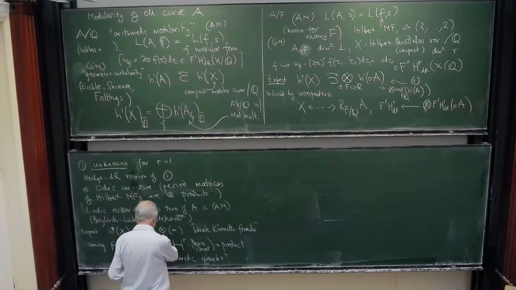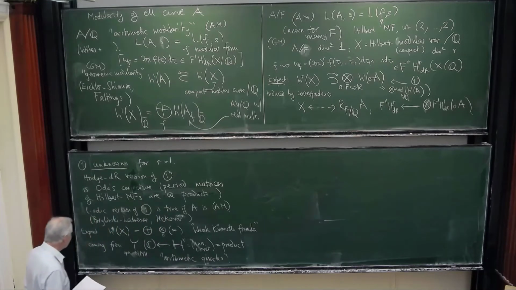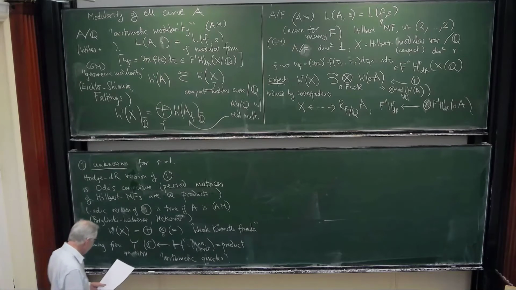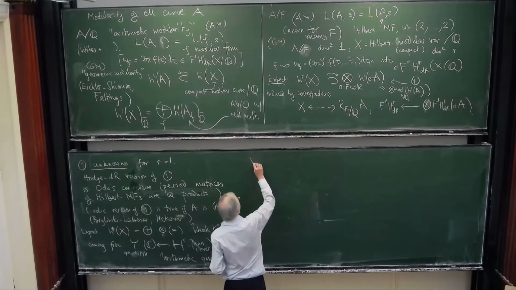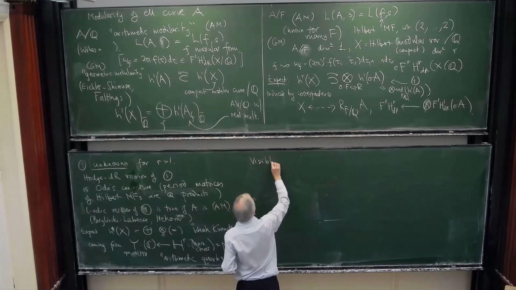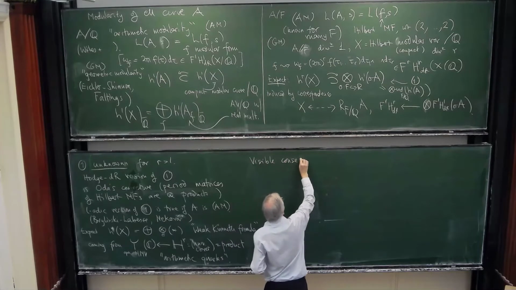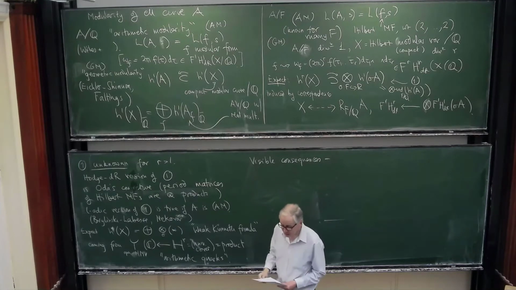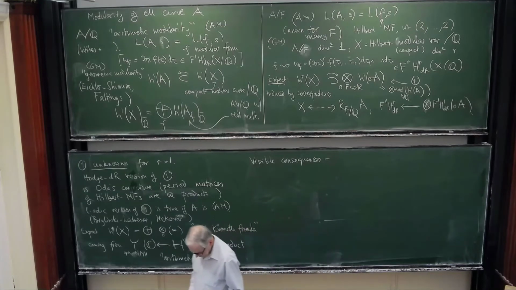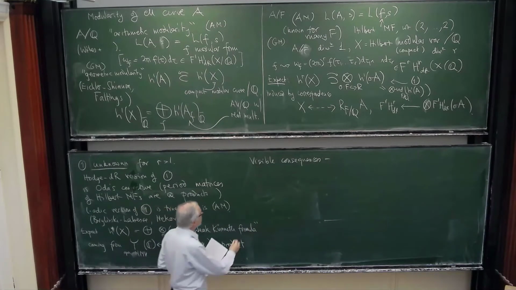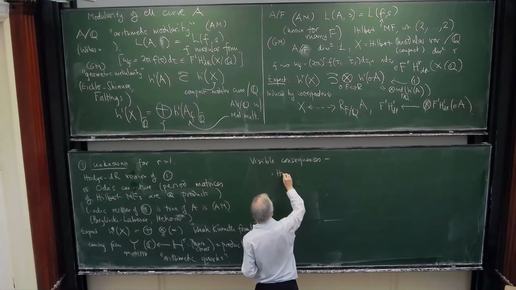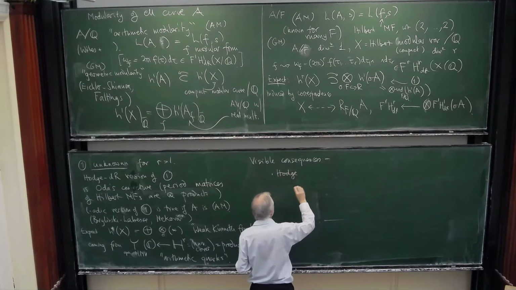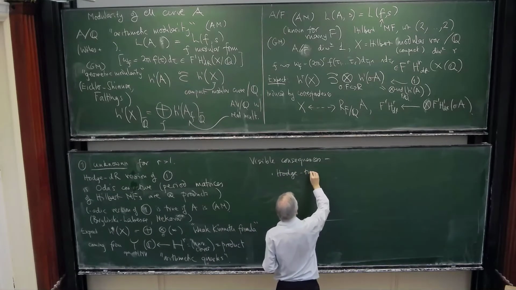Okay, so we can't really see these quarks, but we see some shadows of them. So they're visible consequences. There are two kinds, let's say, that we can actually prove.